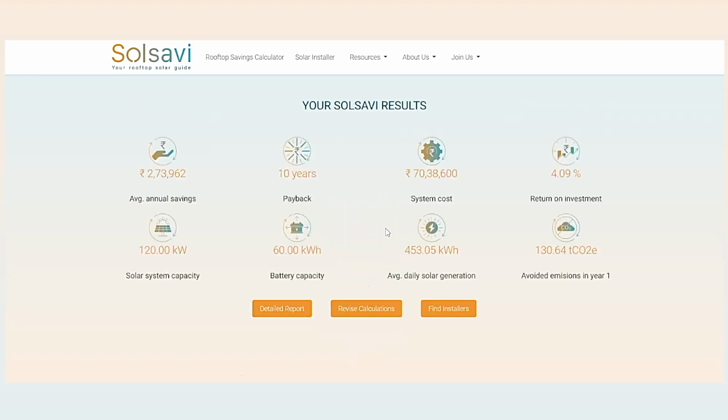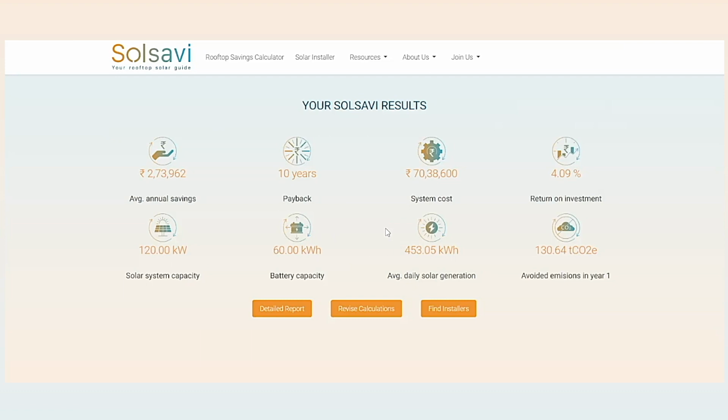So as you can see from your screen, we have 8 parameters that give you a snippet of your results. We have the average annual savings, which are calculated for 25 years and then averaged for 25 years. The payback in this case is 10 years. The total system cost of your solar plus battery is in this case 70 lakhs.